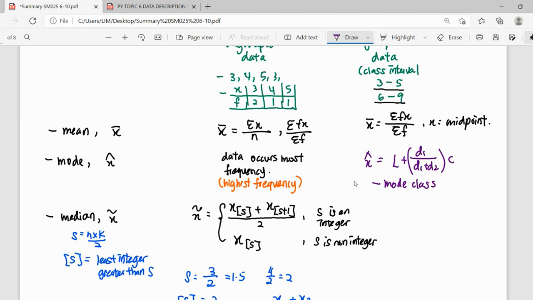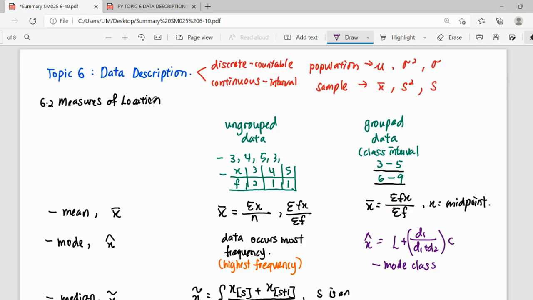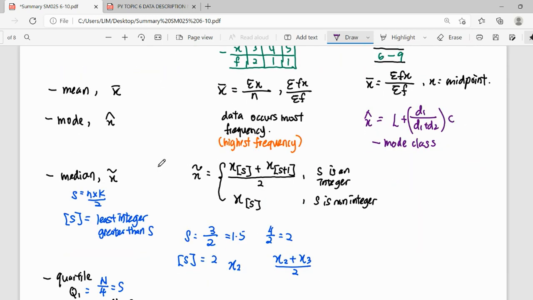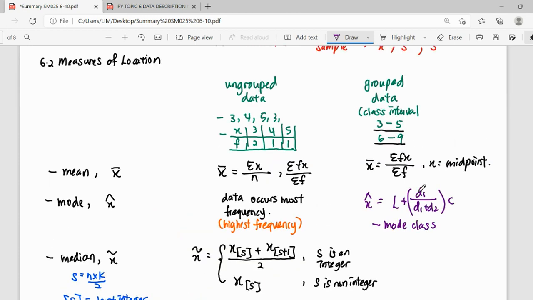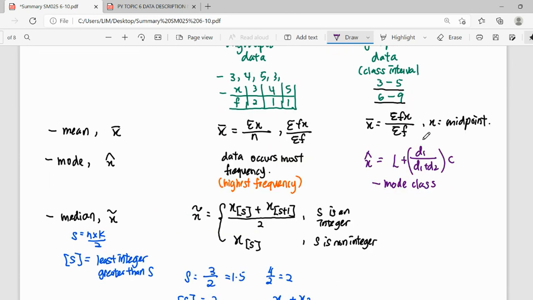Because bear in mind, measurement of location, you kena cari tempat dulu. Ini cari tempat data yang ke mana. Ini kena cari kelas yang ke mana. Modal class yang mana. So this will be the difference before the modal class, and this is the difference between the modal class and the class after that. So C you don't calculate with your fingers.